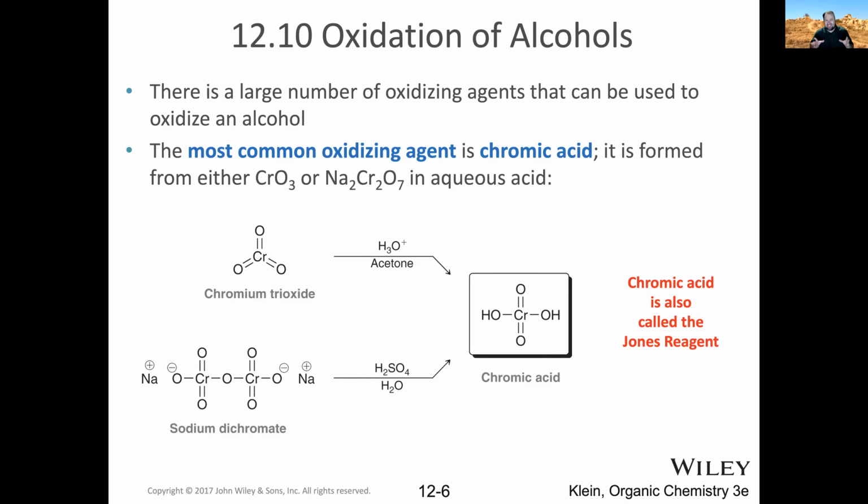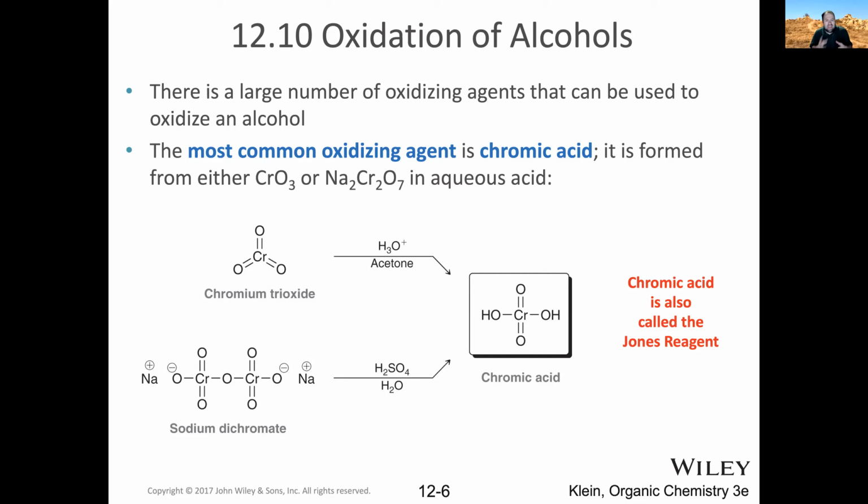The thing is, although it's common and useful, it can be quite dangerous because not only is chromic acid strong in its acidity, it's also quite carcinogenic. And so it has a toxicity that's not the greatest. And so we find that in organic chemistry, they really do try to phase out the use of chromic acid when possible.